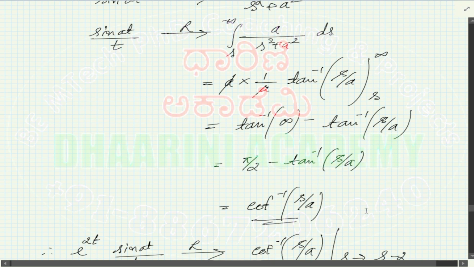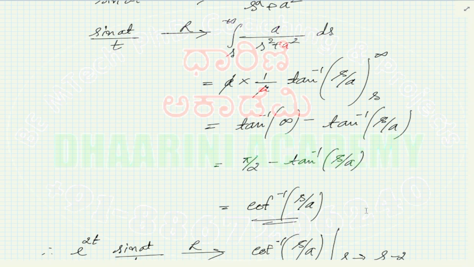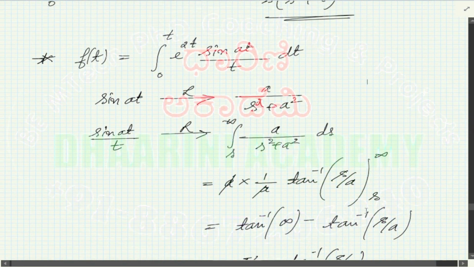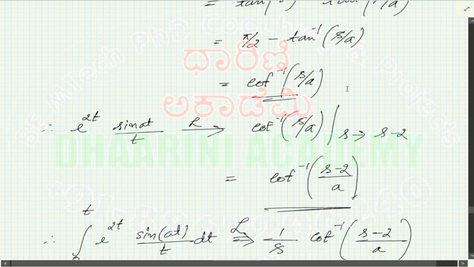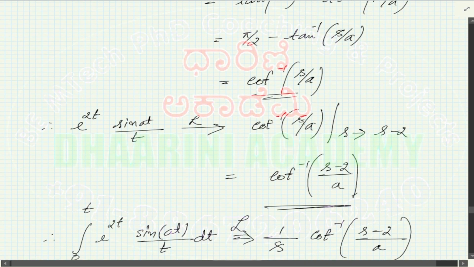This is for only sine at by t. In the problem I have further more, so this has to be multiplied by e to the at. So every s should be s minus a in the answer. So just replace s by s minus 2 now, right? Because e to the at a value is 2 here. So cot inverse of s by a with s replaced as s minus 2. So your answer becomes cot inverse of s minus 2 by a.